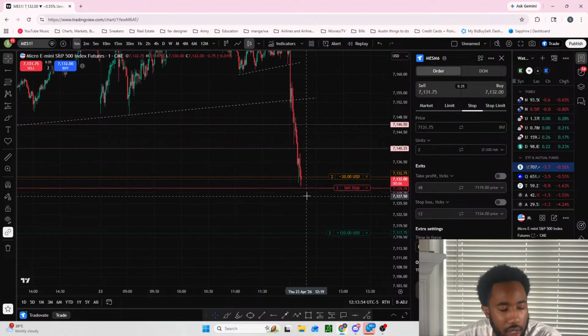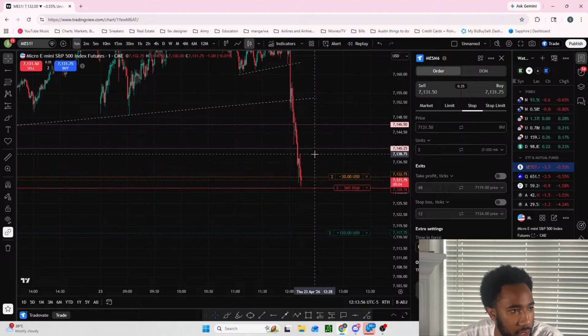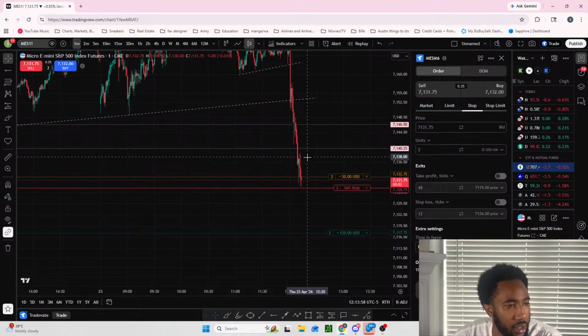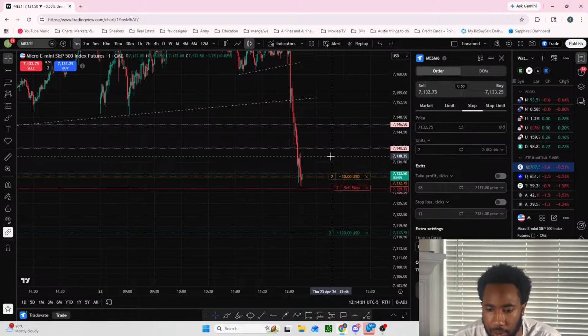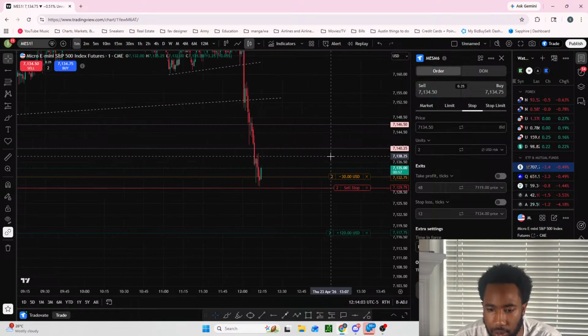Once you see that strong bullish candle, you know the move might be ending. Speak of the devil.